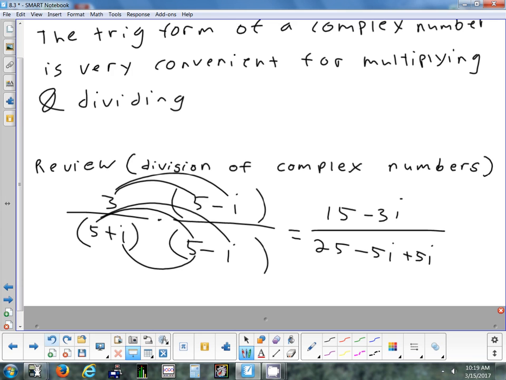And the last part, positive i times negative i, which is negative i squared. Now that minus 5i plus 5i is going to always cancel when you have conjugates. But if you were multiplying like 2 plus i times 9 minus 8i, it's not usually going to cancel out. Okay?